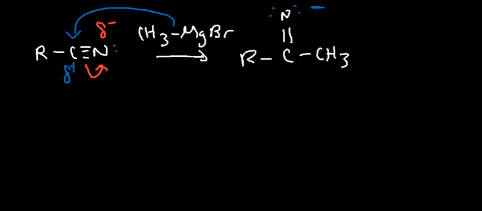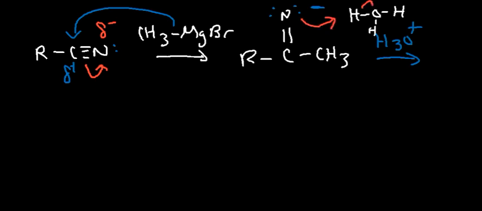And then following that, you want to use H3O+. H3O+ will convert this deprotonated imine into a ketone. But let's work on the mechanism for that. So this nitrogen first will grab a hydrogen. Whenever nitrogen has a negative charge, it's extremely basic.